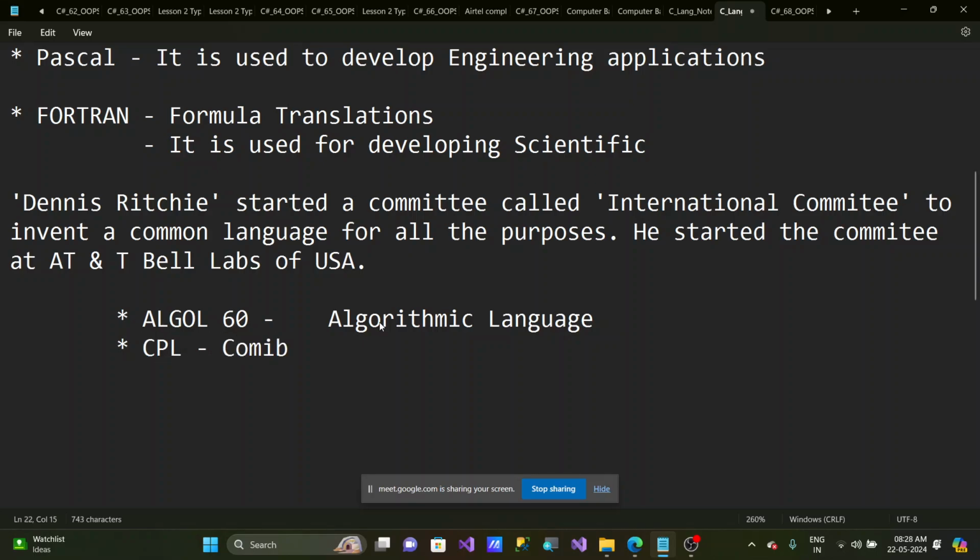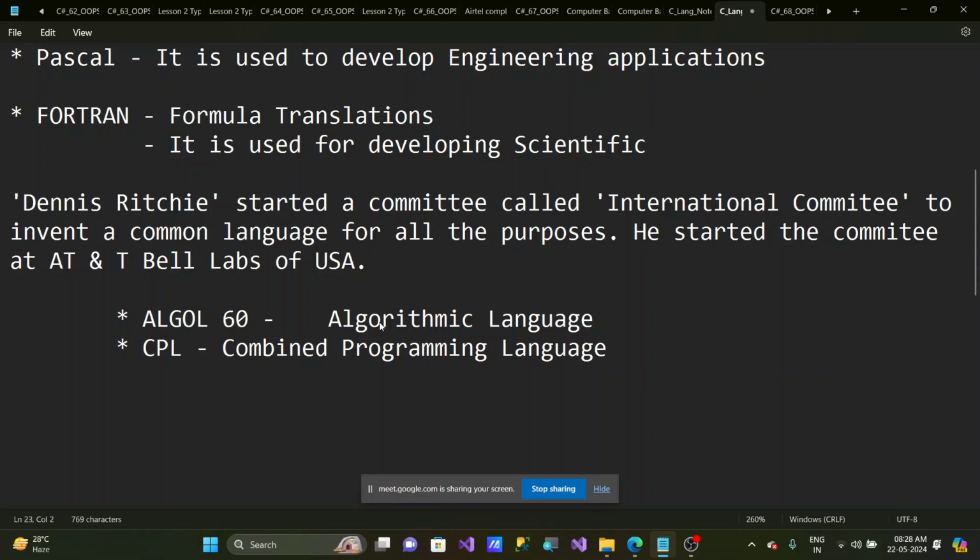Programming Language. Combined Programming Language was the second language, and it satisfied many people in the team. They were happy after seeing the features and the performance of Combined Programming Language, but Dennis Ritchie was still not satisfied because it had so many features.